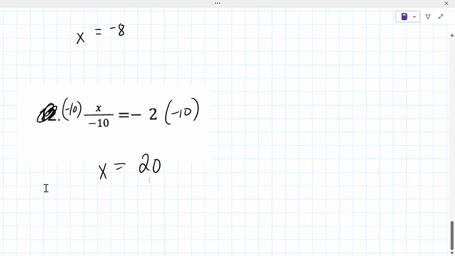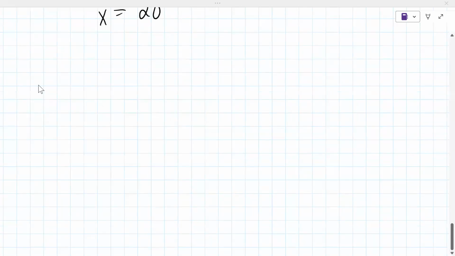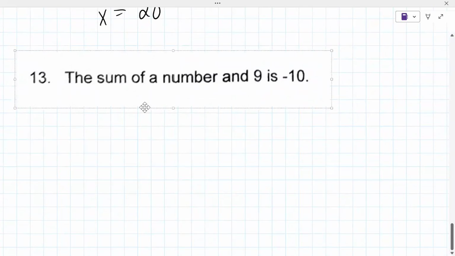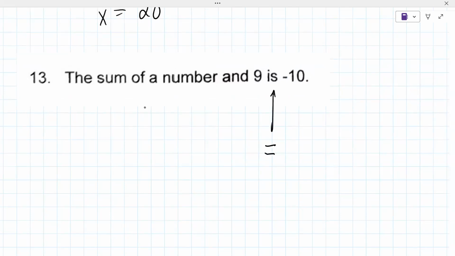All right. So for the next couple of problems here, we got to write the equation and then you solve it. So it's not too bad here. The challenge is to actually write the equation. Sum of a number and 9 is -10. So x plus 9 equals -10.